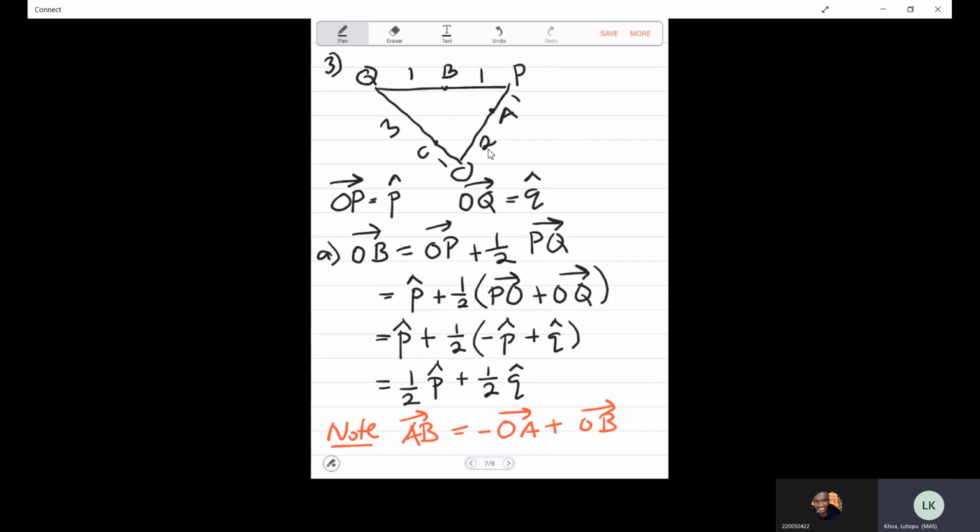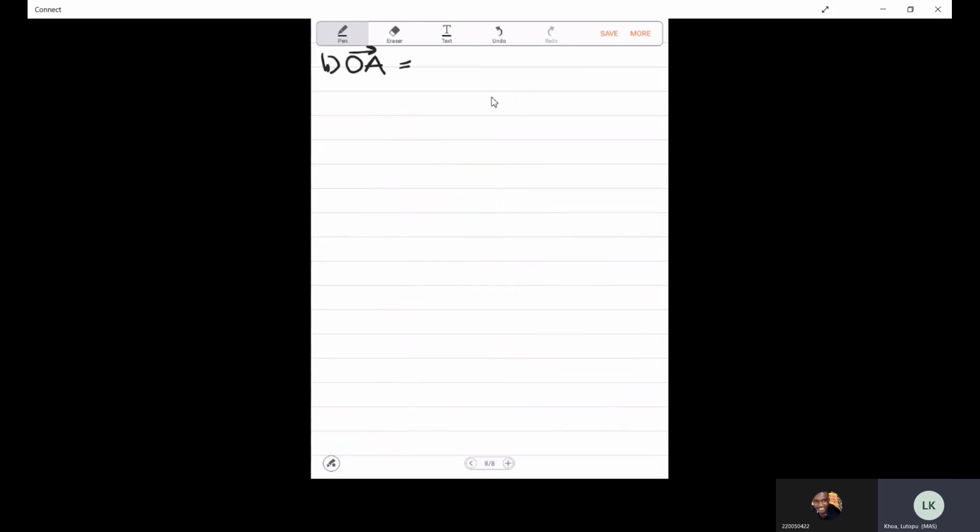It's divided into 3 parts, so it's 2/3 of the distance from O to P. So OA is just 2/3 of OP.